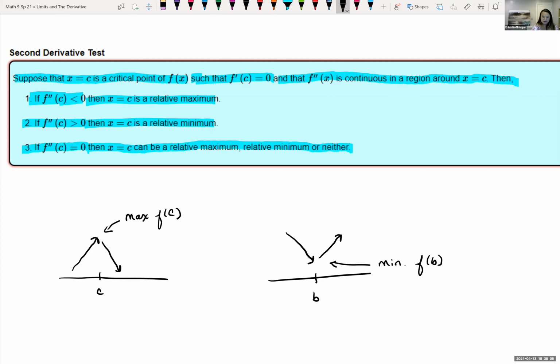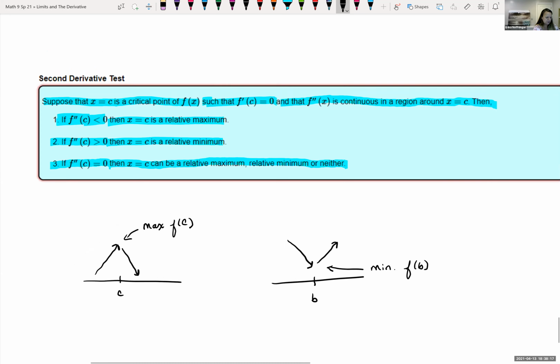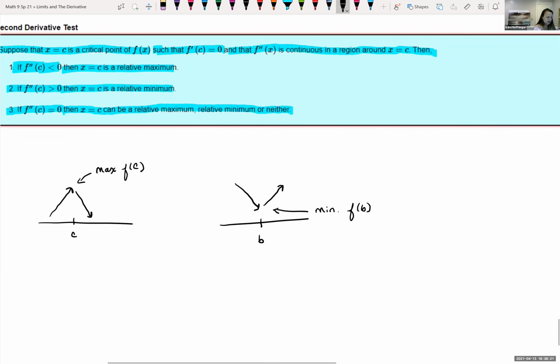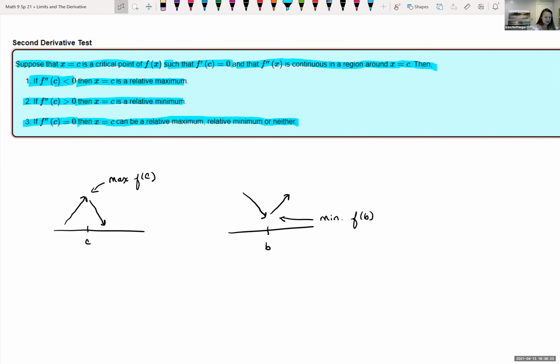Personally, if I was going to have to graph this function, looking at where it's increasing and decreasing to me is a lot easier, and then I'd also have to find concavity. So to me, the first derivative test is a lot easier and it tells me more, and I prefer that, but the second derivative test also works.